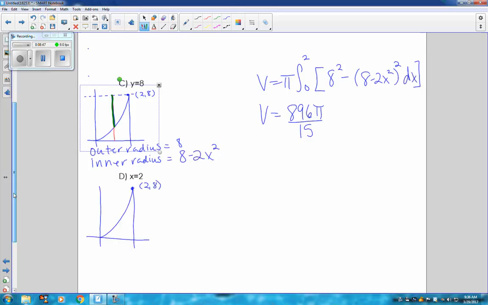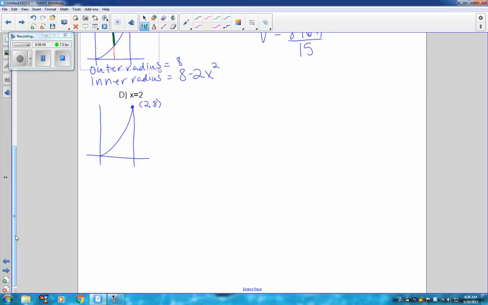Okay, so we got one more. And this time we're revolving this around x equals 2. So is there a hole in that? No, because it's going this way. Okay, so your outer radius is going to be what? Tell me.